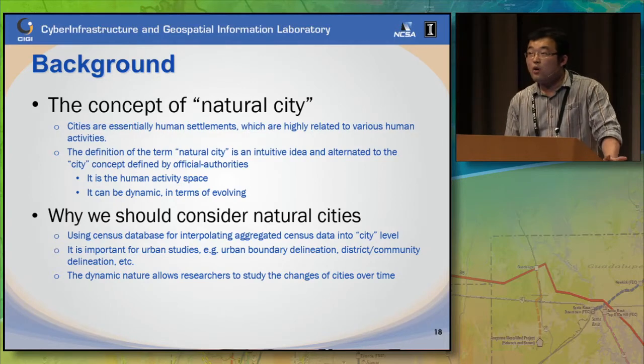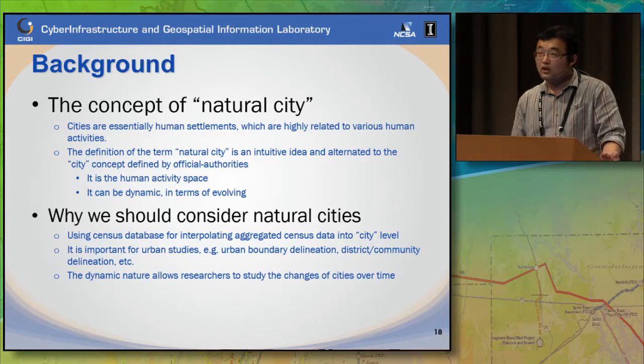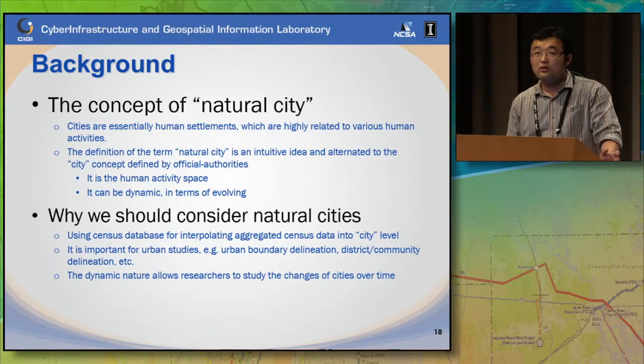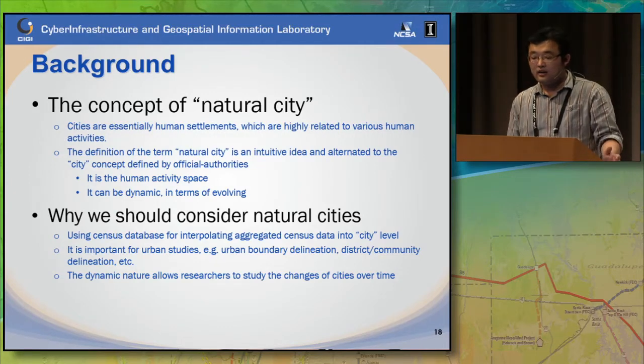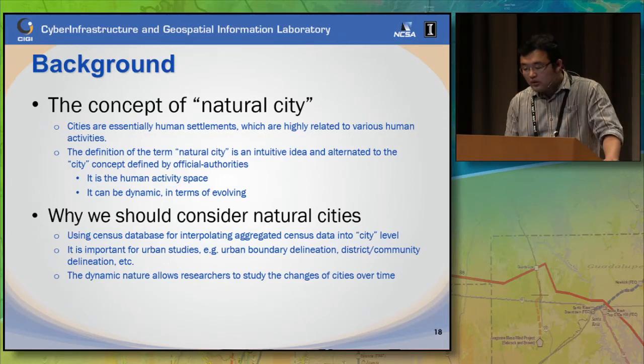And why should natural city be considered? Because when people do census data-related research, sometimes they have to interpret census data, which is aggregated on some level, into more detailed areas. People use dasymetric mapping, this kind of method, to do the tricks.